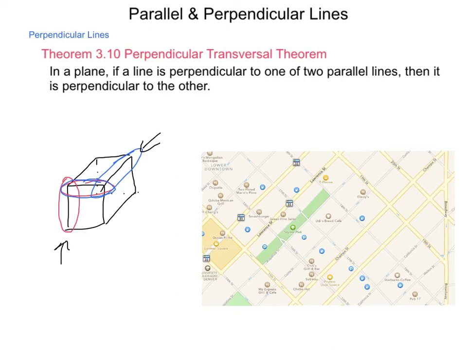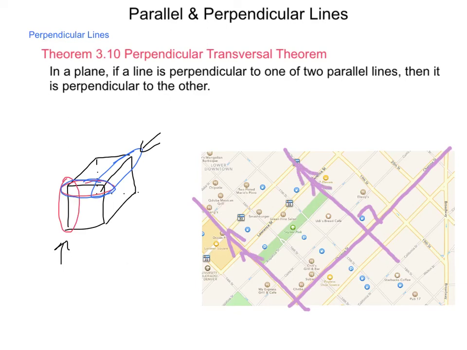If we were to take Champa Street, which is located here, and say that it is perpendicular to 18th Street, but we know that 18th is parallel to 15th, then we can conclude, based on Theorem 3.10, that Champa is perpendicular to 15th as well. Because it's perpendicular to 18th, we know it's perpendicular to 15th.